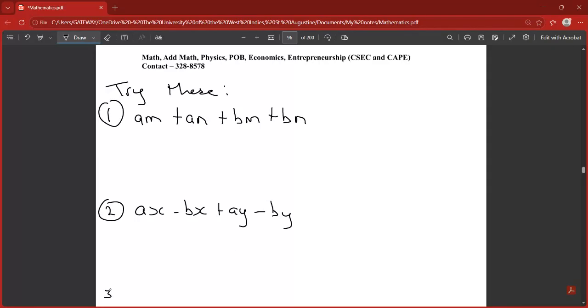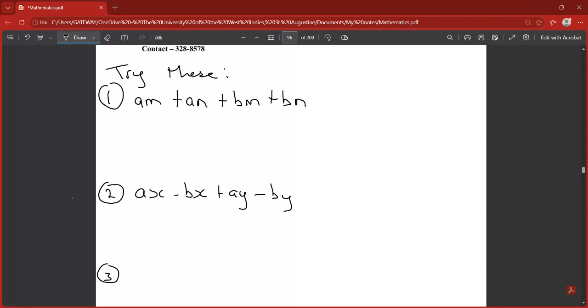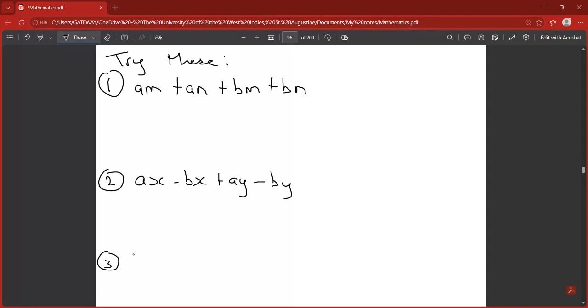Question 3, you have 4b minus 12c plus ab minus 3ac. So you could go ahead and try these questions. Let me know when they're done. We'll correct them together.